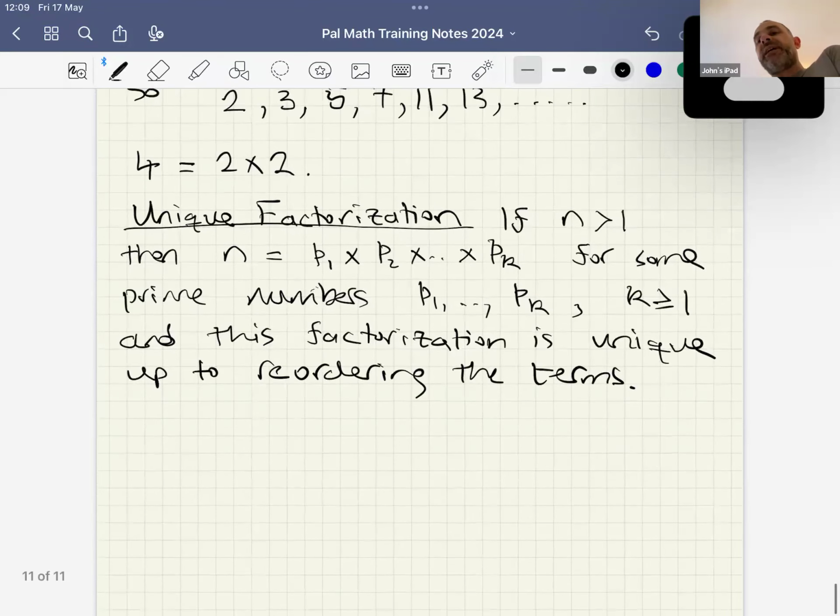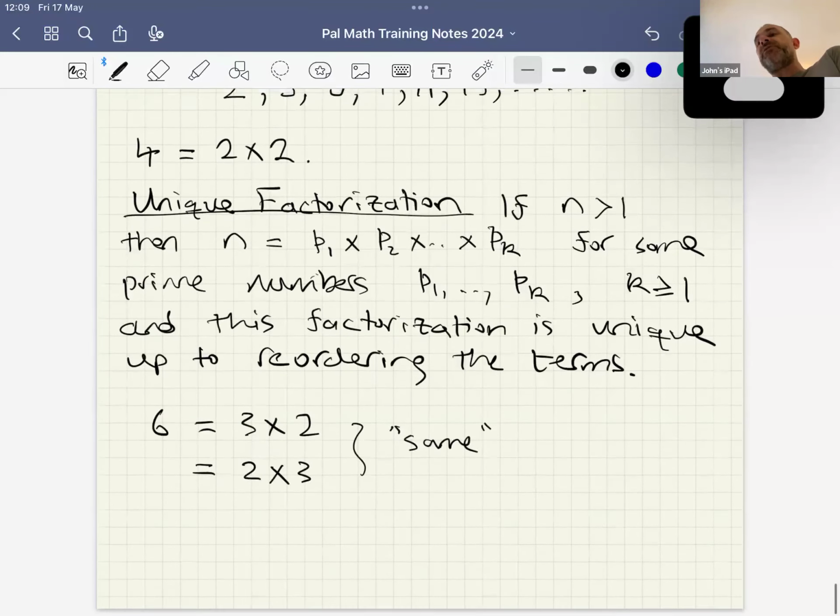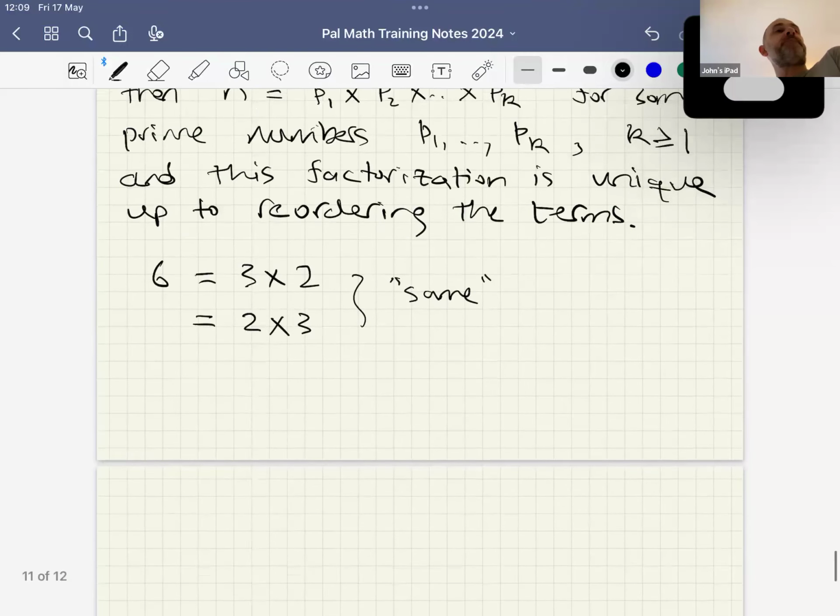So simple example, 6 is 3 times 2. Of course, we can also write that as 2 times 3, but these are essentially the same. So we don't care the order in which we write the primes.